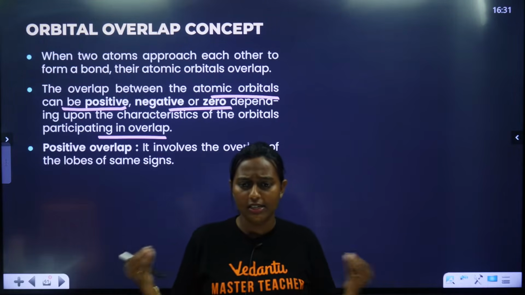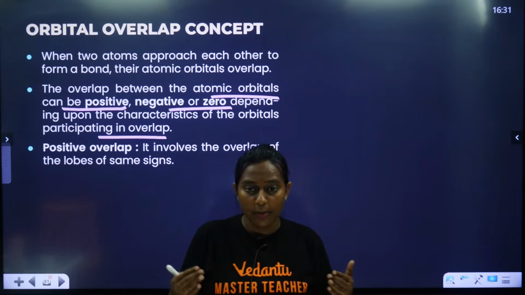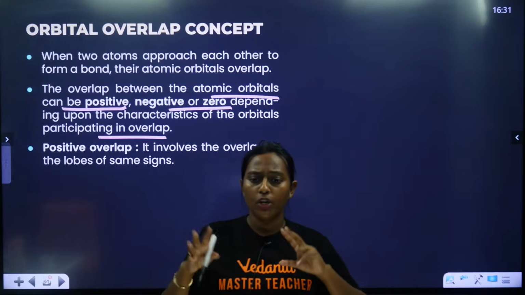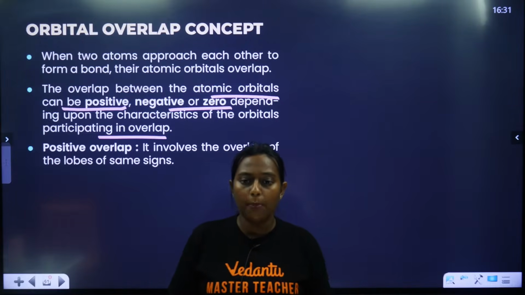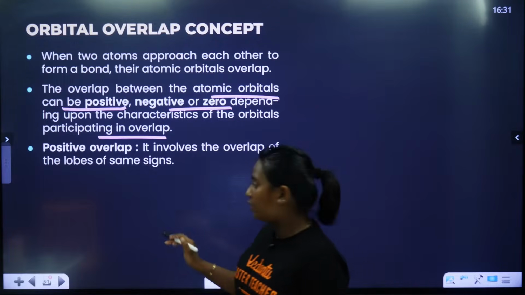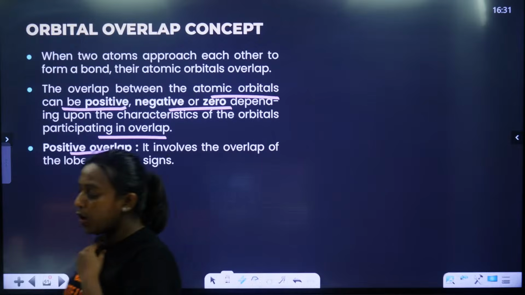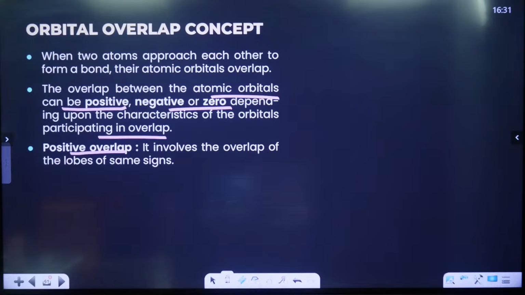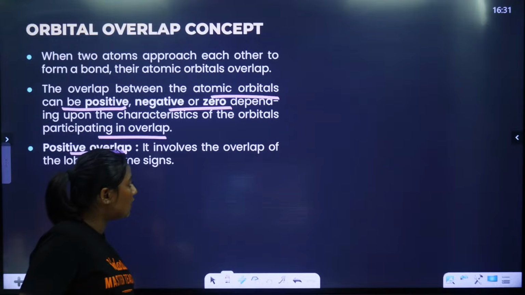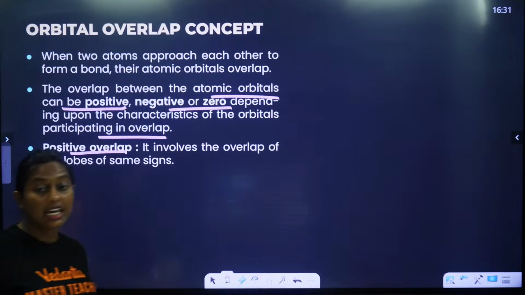Two atomic orbitals come and overlap, and that overlap can be positive, negative or zero, depending upon the characteristics of those orbitals. So I will tell you. When you consider positive overlap, it involves the overlap of the lobes of the same sign.